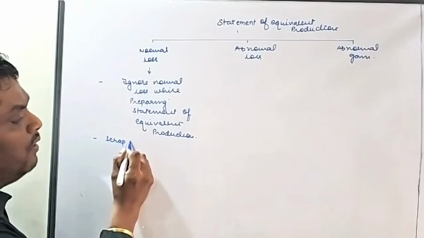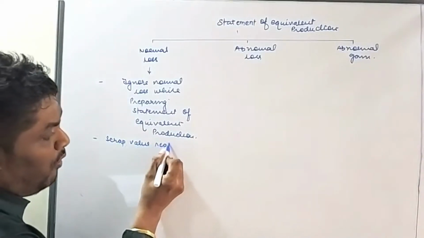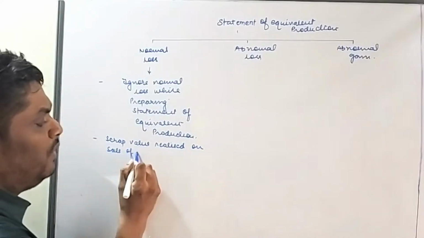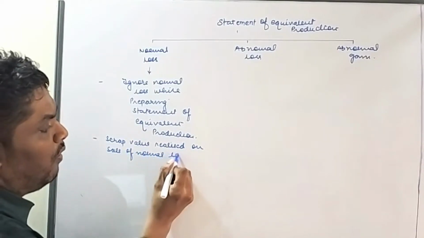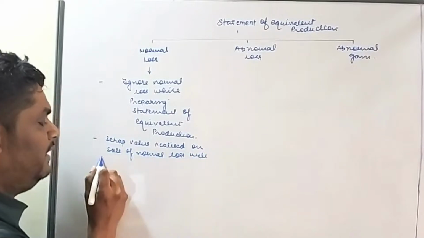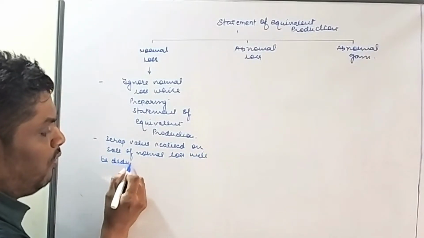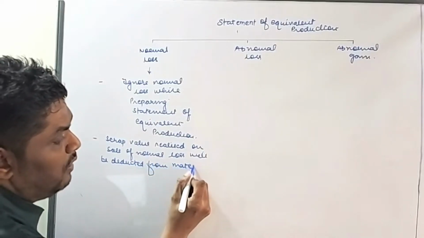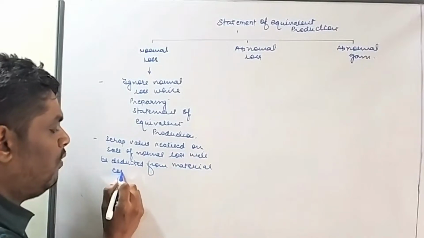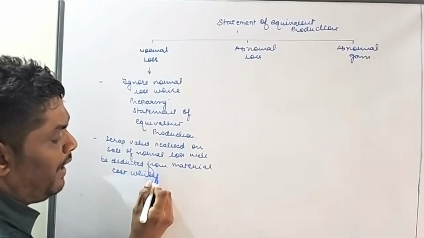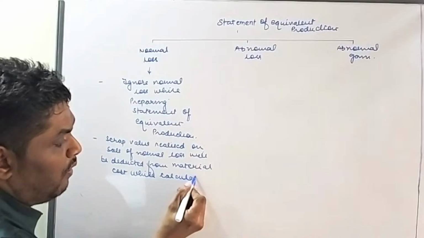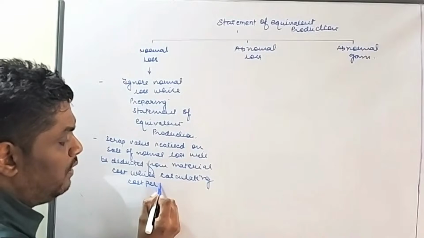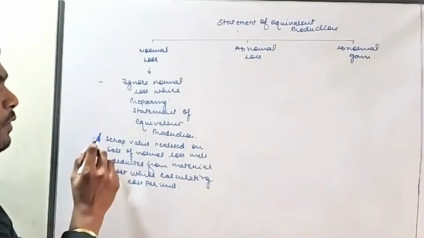Scrap value realized on sale of normal loss will be deducted from material cost while calculating cost per unit. This point is the key.